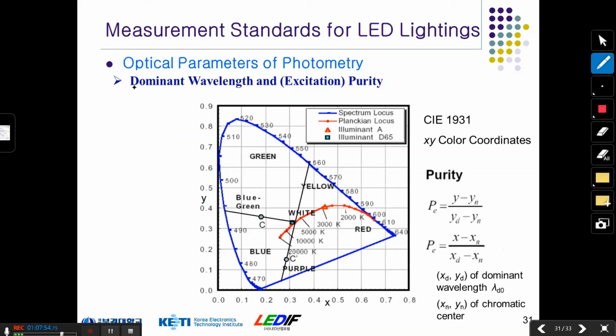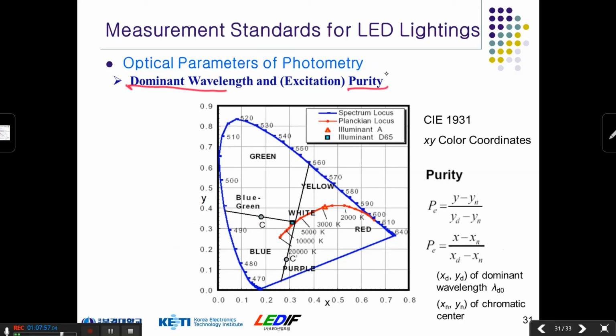In this slide, dominant wavelength and color purity can be determined in the CIE 1931 xy color coordinates. This point is the neutral white point W, and this is a point of the light source. Then connect W and C and extend it to the envelope of the color coordinates.